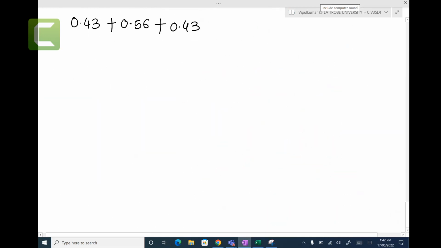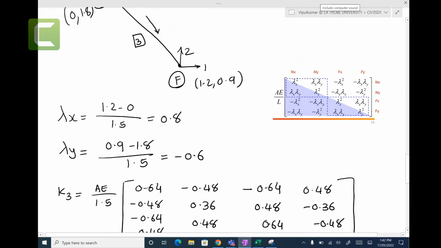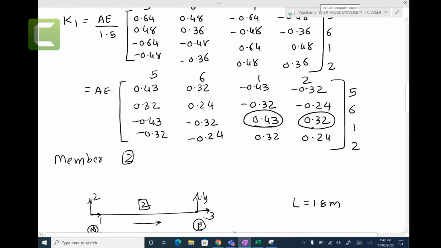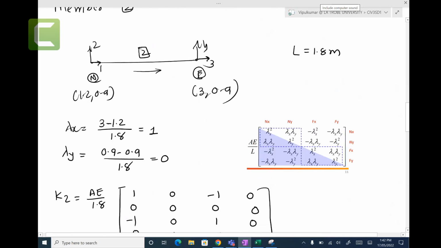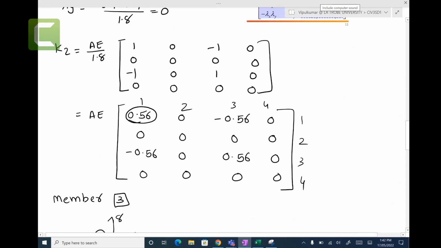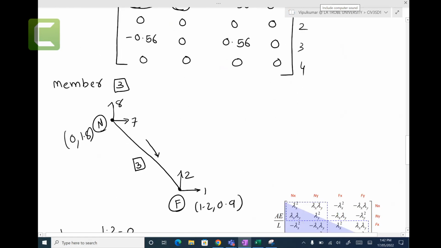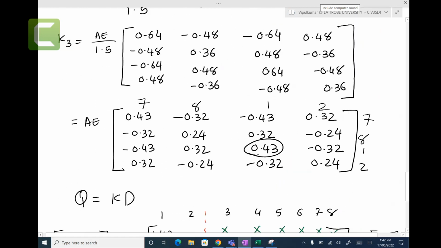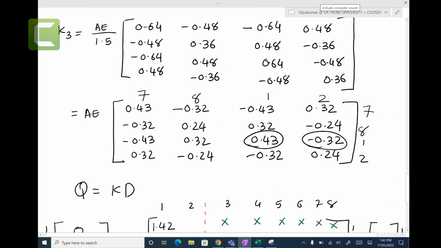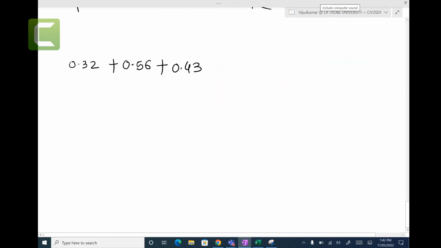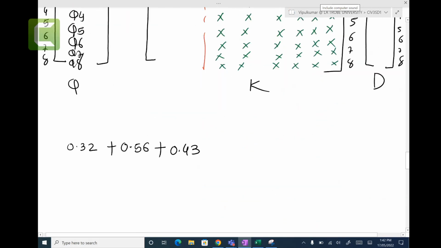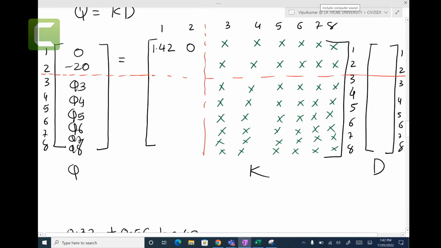And for the next one, column 2, row 1 is 0, so don't worry about it. And column 2, row 1 is minus 0.32. So that is 0.